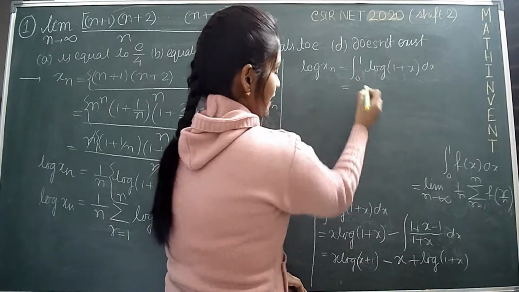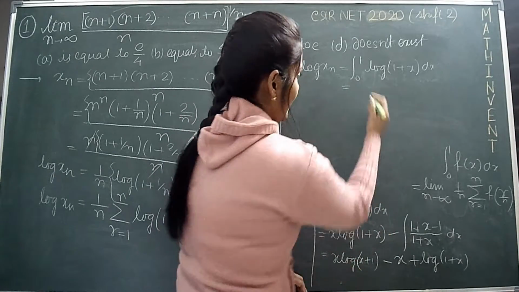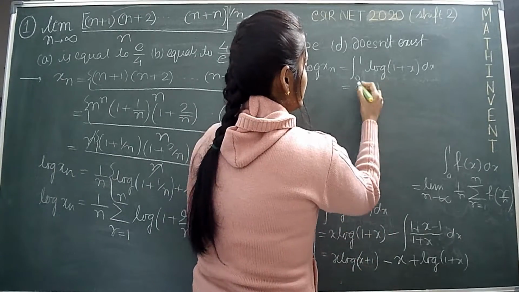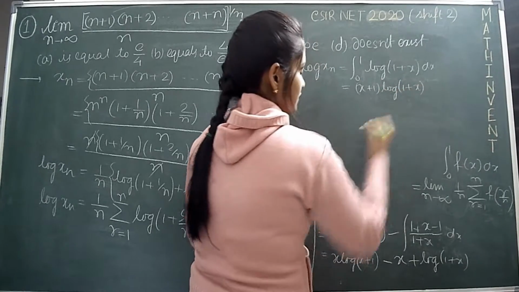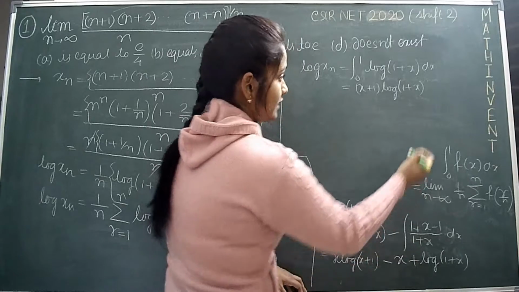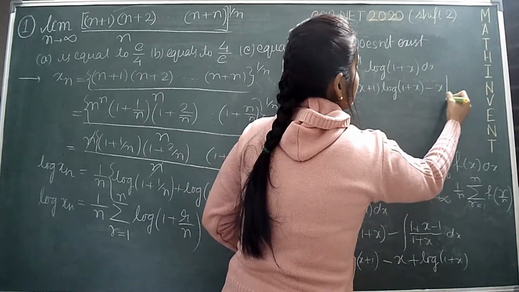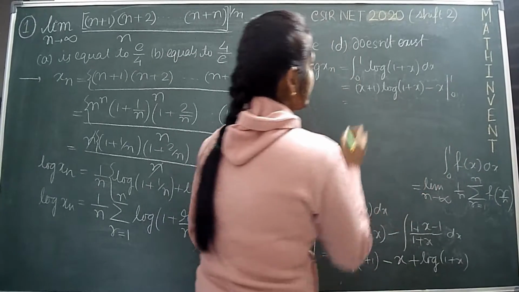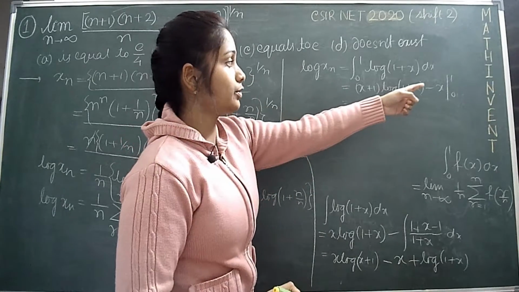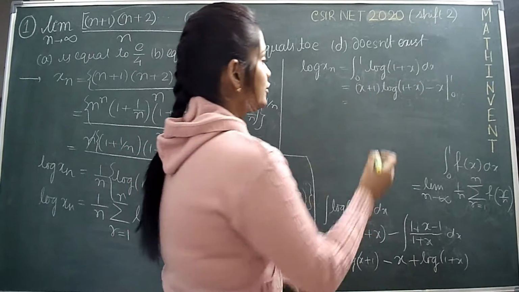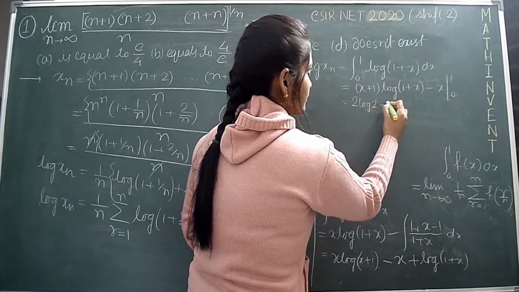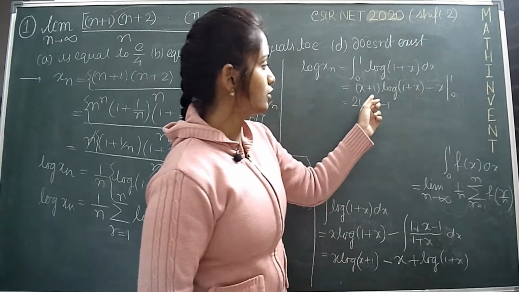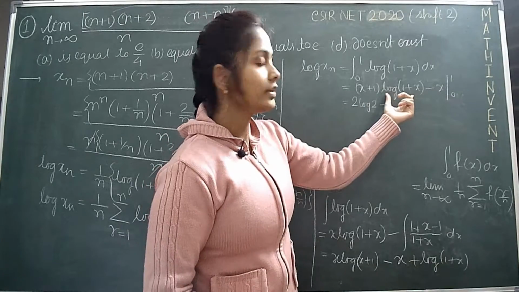So here we will have x plus 1 times log of 1 plus x, minus x, from 0 to 1. If we put the upper limit first, we will have 2 log 2 minus 1, and if we put 0 here we will have log 1.